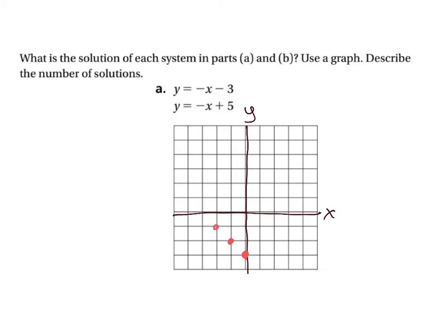So it's going to be up and to the left. So that's the one in red. So now we'll do this one in orange. It's a pretty similar color, but it's all right. 1, 2, 3, 4, 5. So it would be here with the slope of negative 1 also.